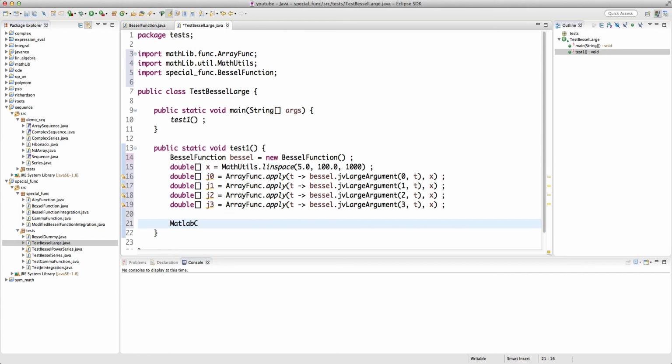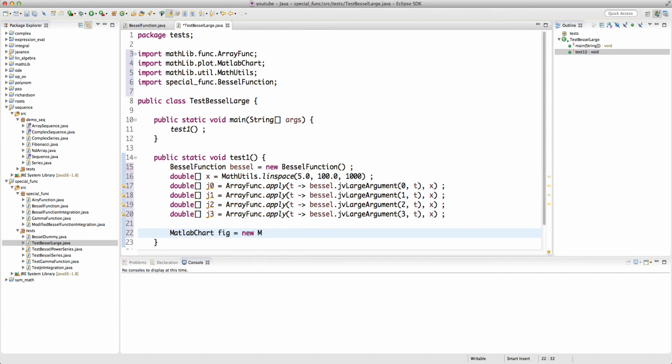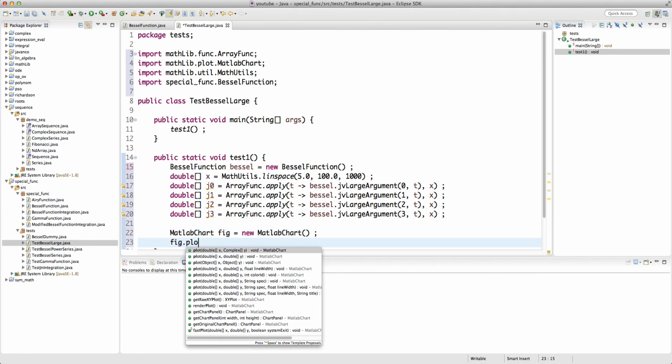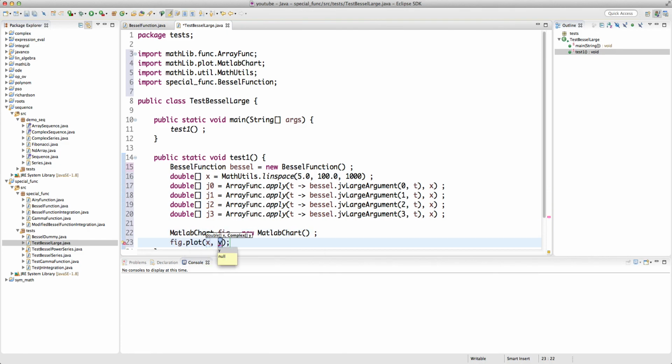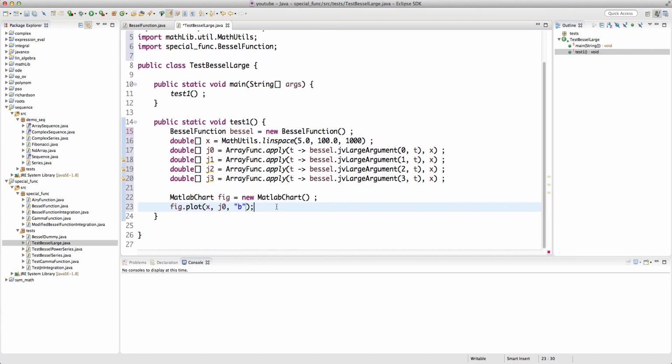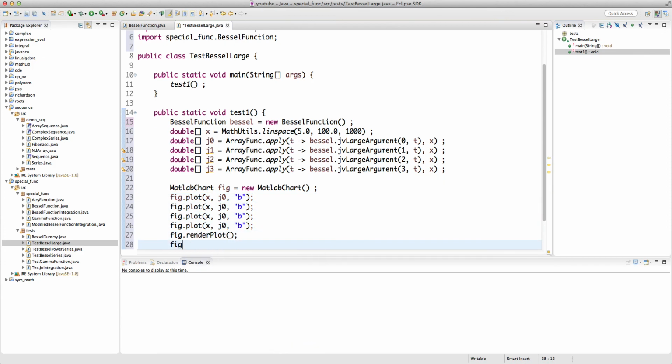So MATLAB chart, fig new MATLAB chart, and then fig dot plot x and j0 with color B, j1, j2, j3, fig dot render plot, fig dot show with an exit flag. So blue, red, black, and green.